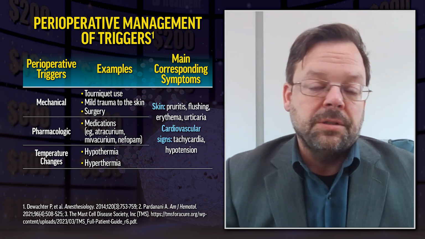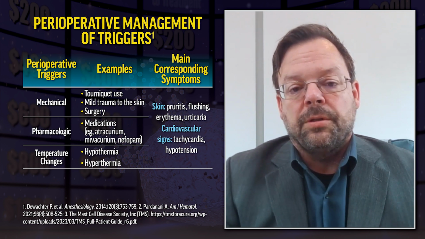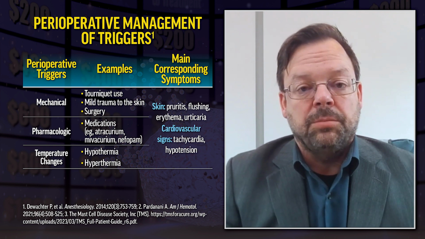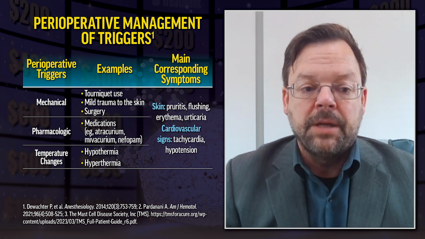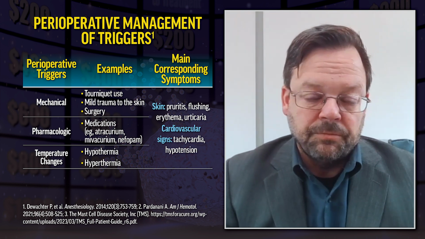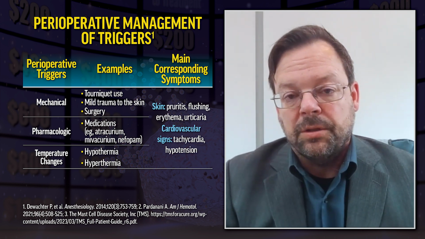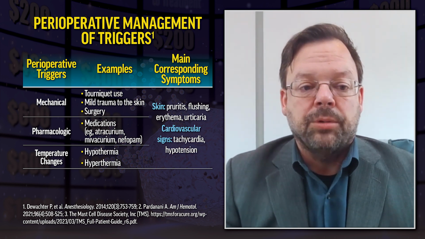And of course, some anesthesiologists will be more comfortable than others. So it's important that the patient communicate with the surgical team and the anesthesia team ahead of time, and then involve us as the allergist immunologist to help coordinate the plan perioperatively.